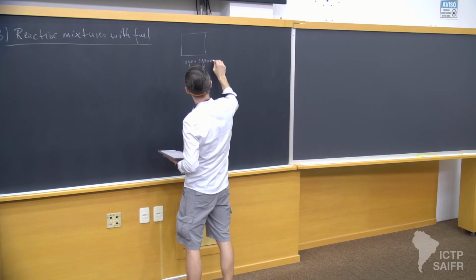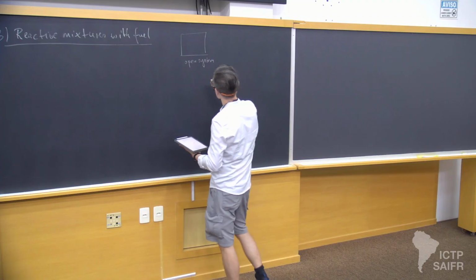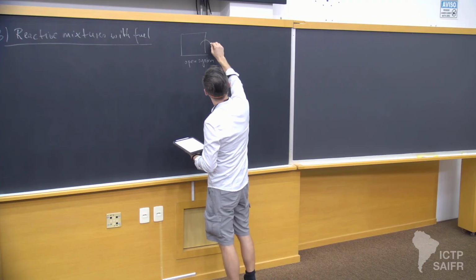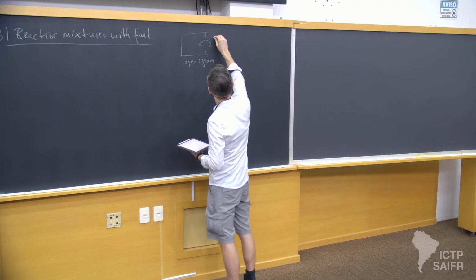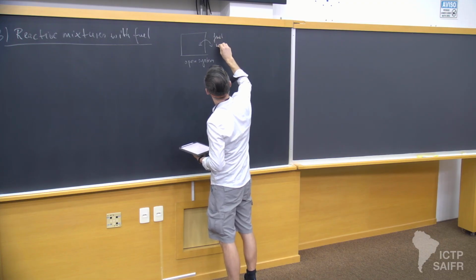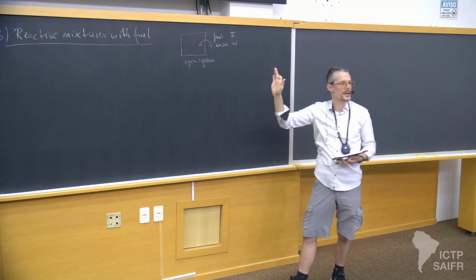No matter what you do, no matter what active matter people tell you, they might not model this, but it's always the case. We allow in our case now the exchange of fuel and waste. And we call fuel F and waste W. Okay? It's just our specific way of doing it.